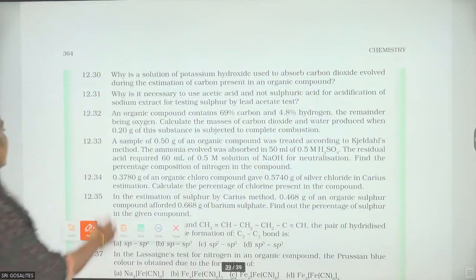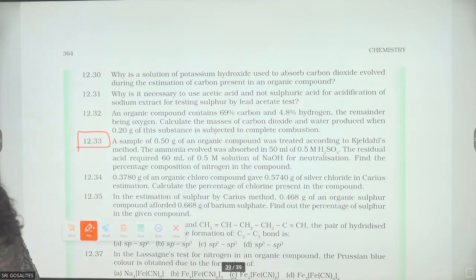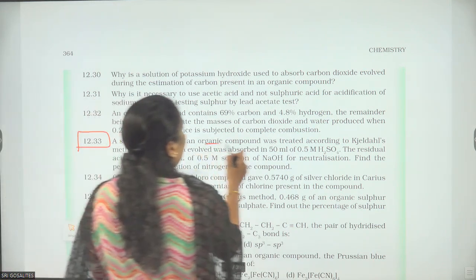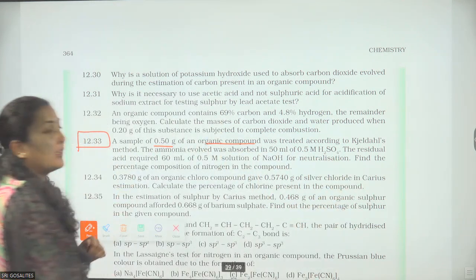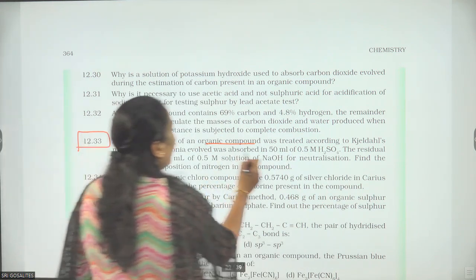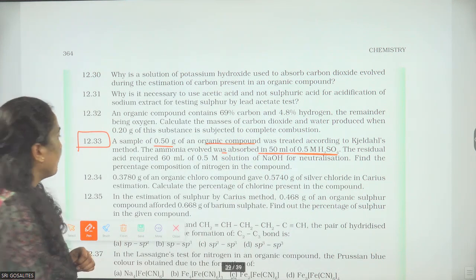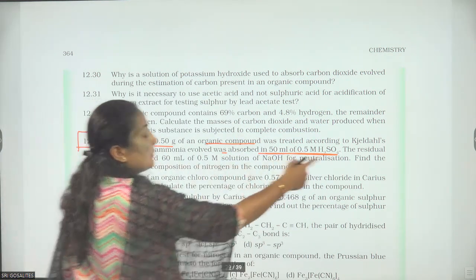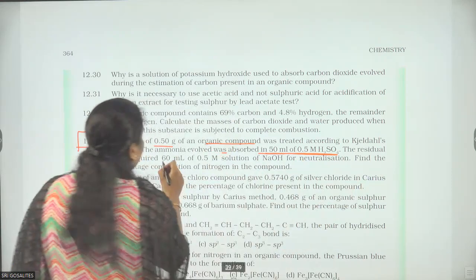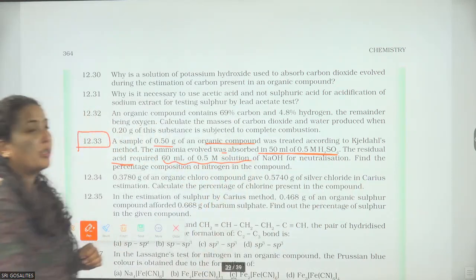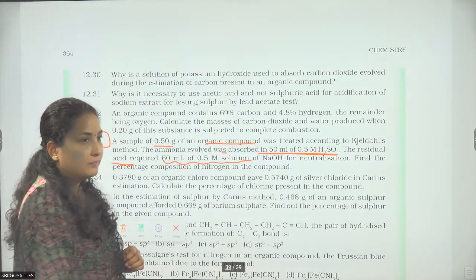Now see what is given in this particular question. A sample of 0.5 gram of an organic compound was treated according to Kjeldahl's method. The ammonia evolved was absorbed in 50 ml of 0.5 molar H2SO4. The residual acid, that means the left out acid, required 60 ml of 0.5 molar NaOH for neutralization, right?